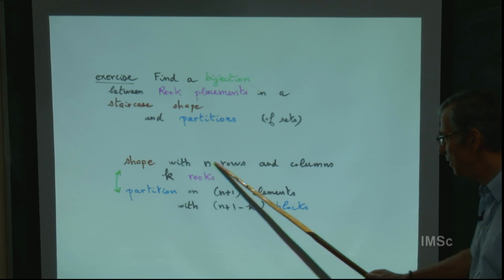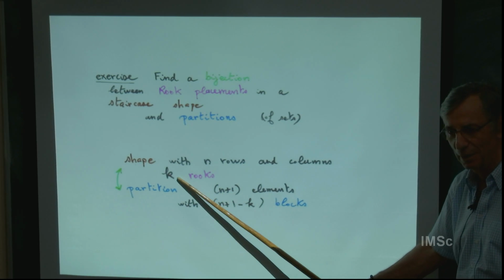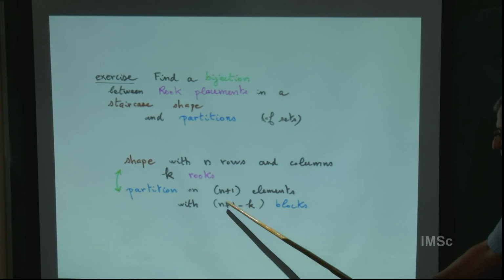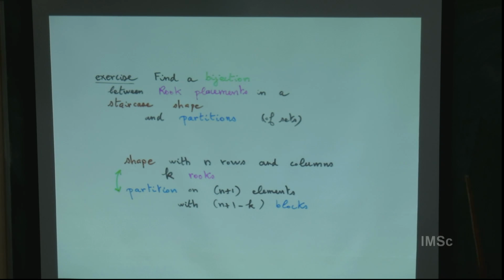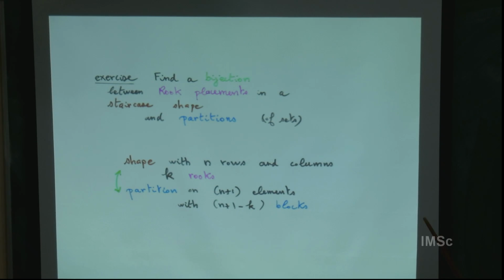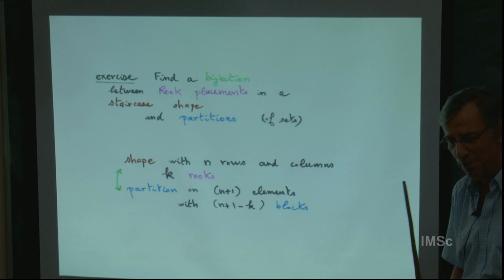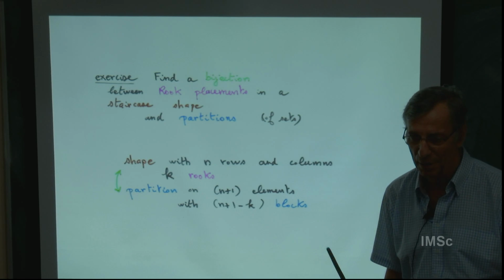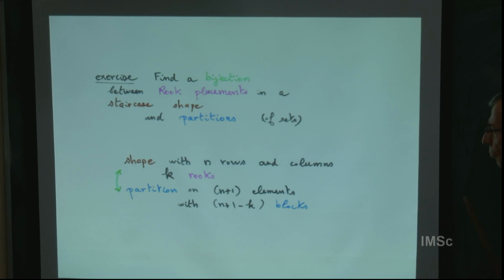In fact, the bijection is such that if you have n rows and columns and k rooks, then the partition is on n+1 elements and has n+1 minus k blocks. There is a shift by 1 in the size, and the number of blocks is going to be the number of empty columns, which is the same as the number of empty rows. So rook placement on the staircase shape is the same as set partition.